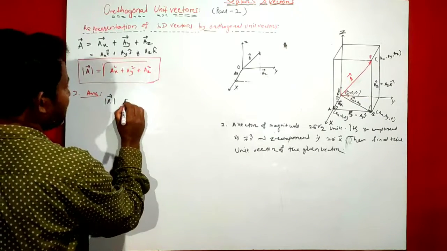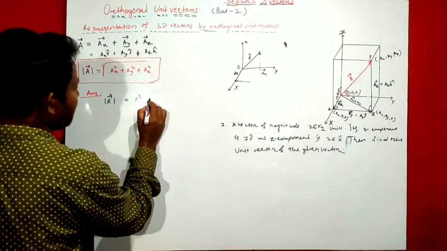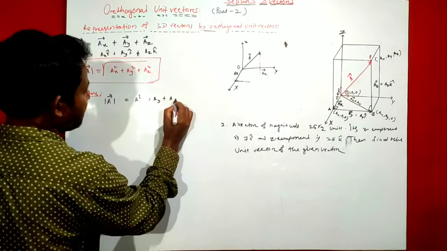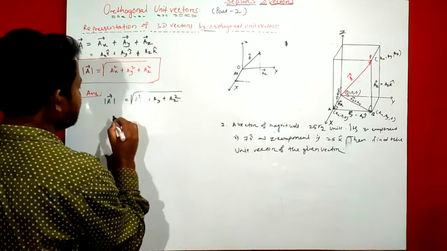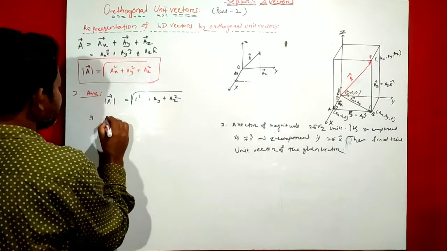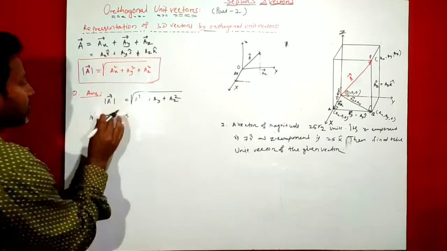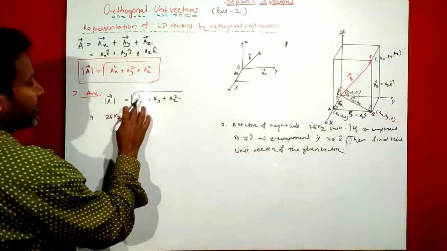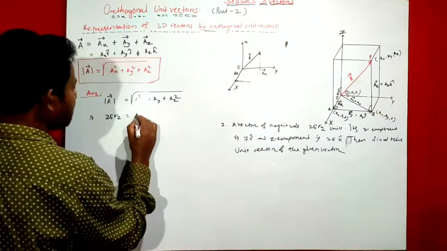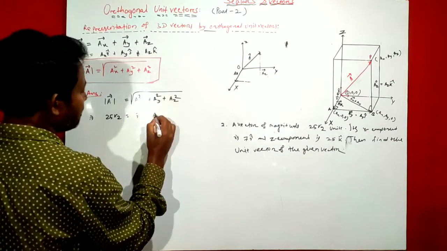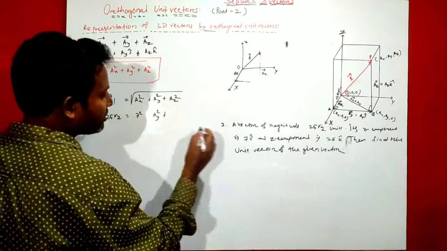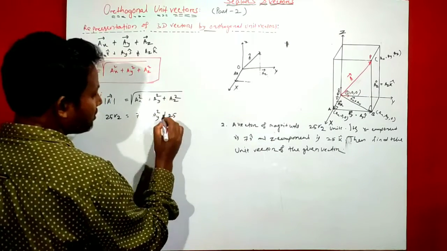The magnitude of vector A is equal to the square root of a x square plus a y square plus a z square. It is given that the magnitude of A is 25 root 2, and a x is 7, so 7 square plus a y square plus 25 square.